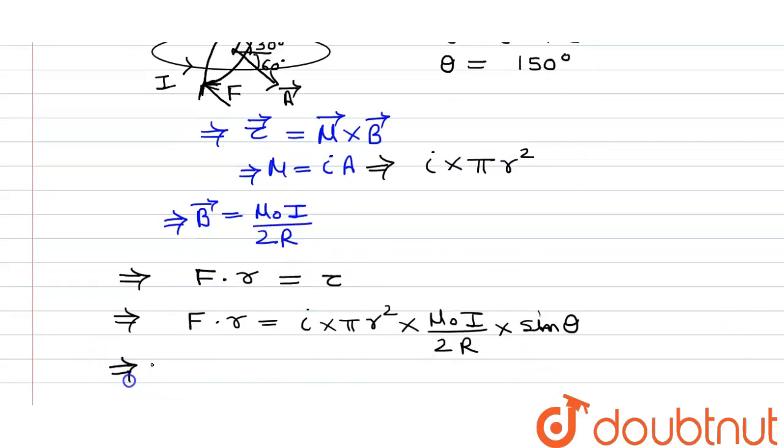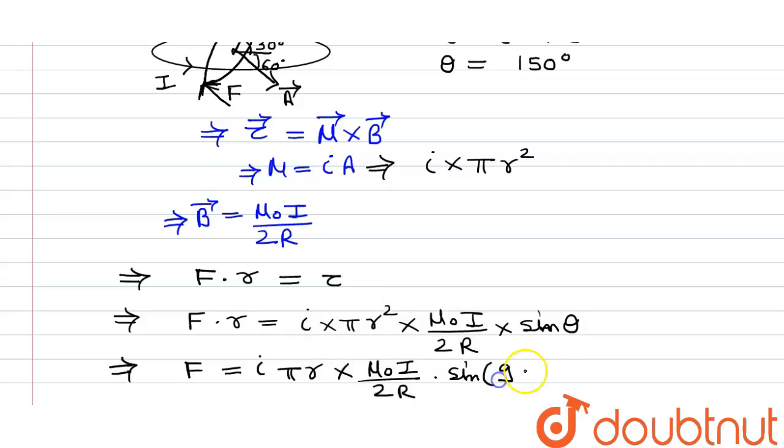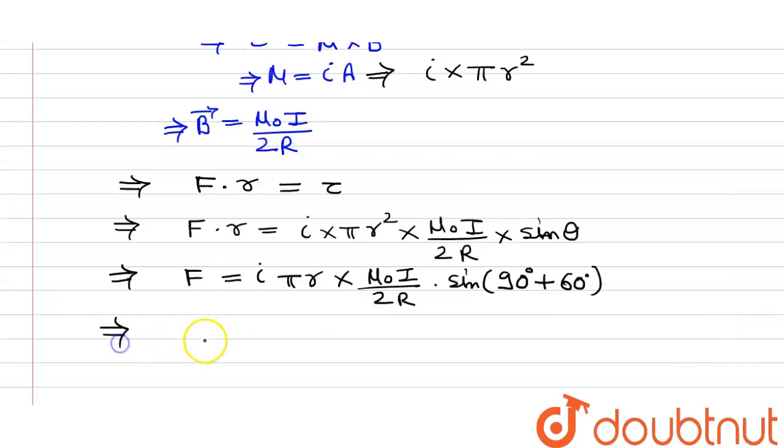So we can further write F is equal to small I pi r, as one r has been cancelled out from the right hand side, multiplied by mu naught capital I divided by 2 capital R, multiplied by sine of 90 plus 60 degree. We can further solve it and we get F is equal to mu naught small I capital I multiplied by pi small r divided by 2 capital R, multiplied by cos 60 degree.